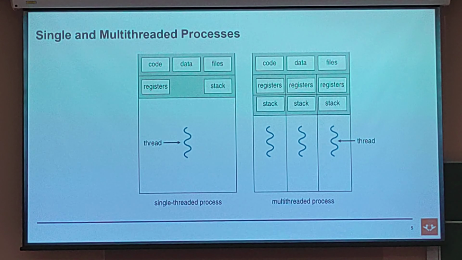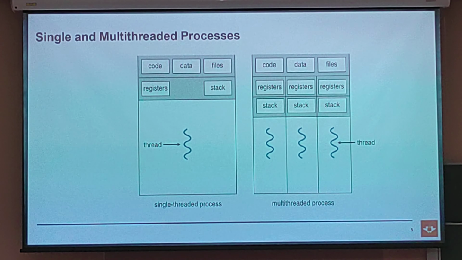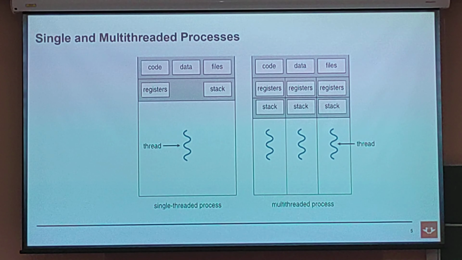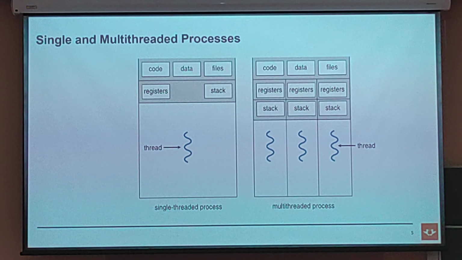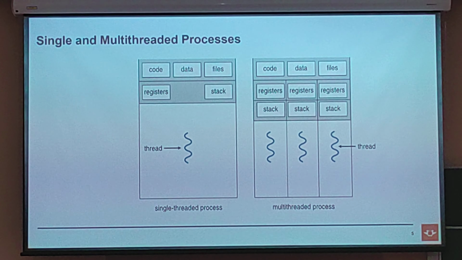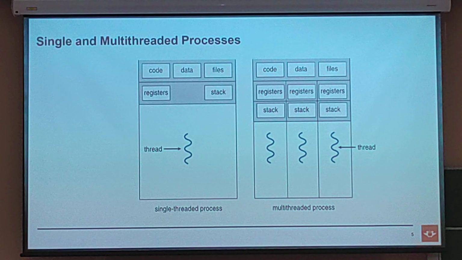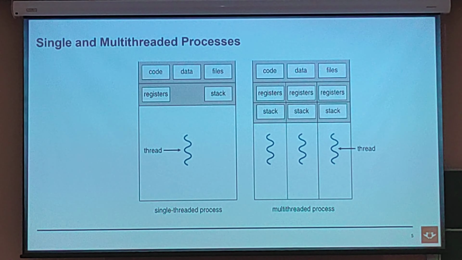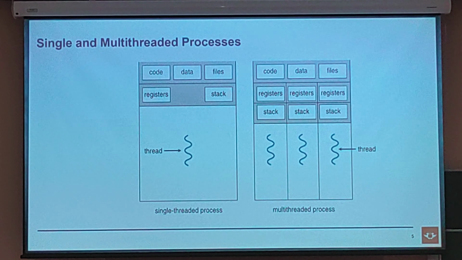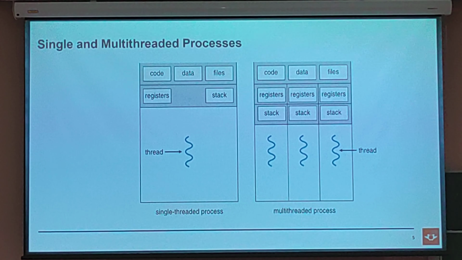Another thing defined per thread is the stack. So not only does each thread have its own registers, it also has its own stack. So make sure that you know what is unique to a thread, what is shared between threads, and what is on a process level.